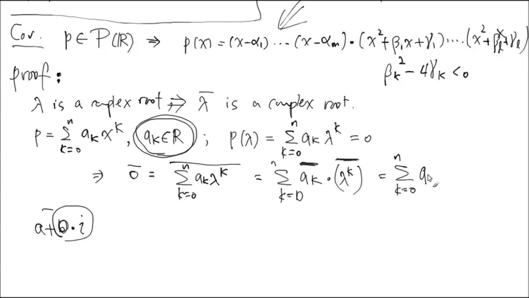So that's exactly a_k. Untouched. The coefficient survives. And because it's a multiplication of k things, you can go inside like that. Because lambda, lambda, lambda, whole bar is lambda bar, lambda bar, lambda bar, and so on. So isn't that also 0? And isn't that exactly the same polynomial with a different thing stuck in? So lambda bar is also a complex root.